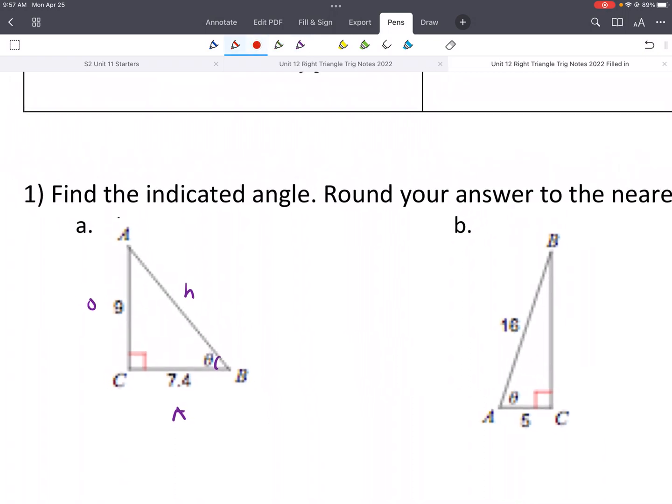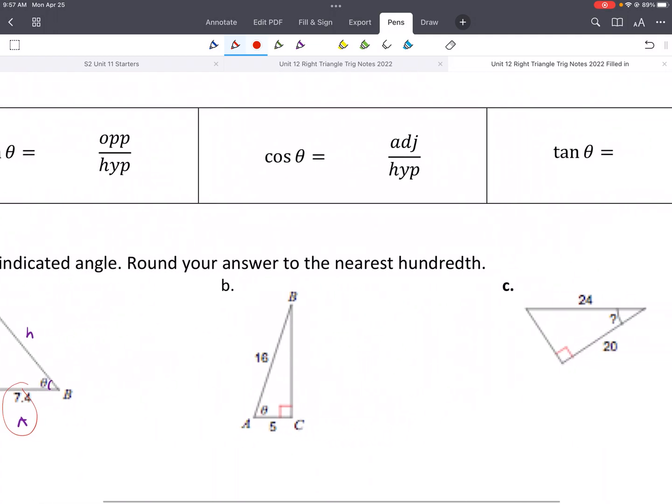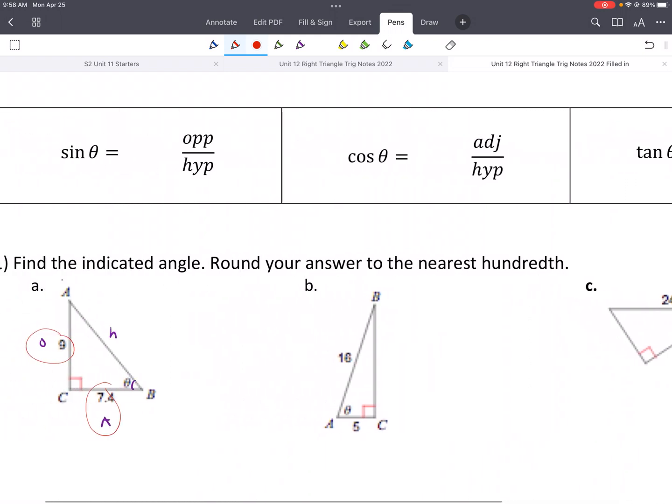We're given O and A, and the only trig function that uses O and A is tangent. So tangent of theta is equal to O over A, which is 9 over 7.4. We substitute what we do know, and then we need to solve for theta.